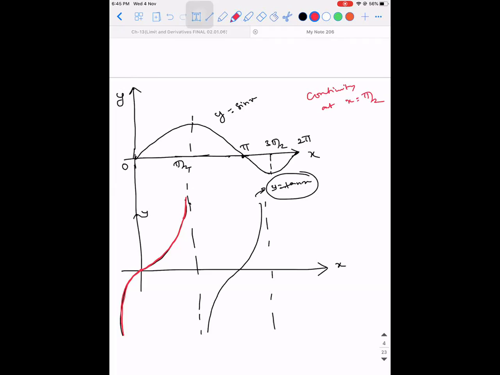So as soon as I reach pi by 2, at this point, I am forced to remove my pen and again start drawing the graph. Whereas with respect to sin x, I need not remove my pen at all. I need not leave the contact between pen and the paper. I'm able to continuously draw it. That is the basic meaning of continuity, right? If you're able to draw a continuous curve, we call the function continuous.